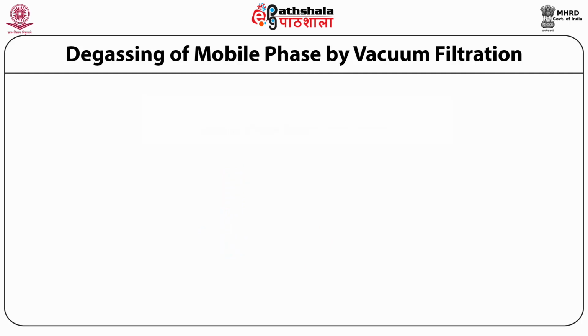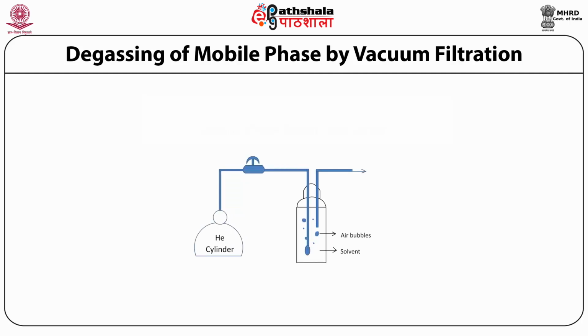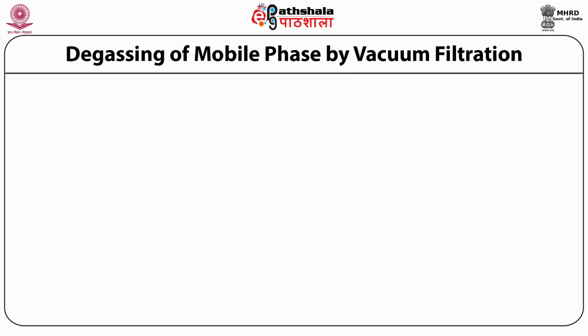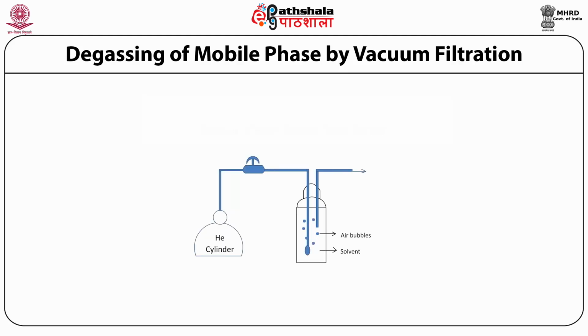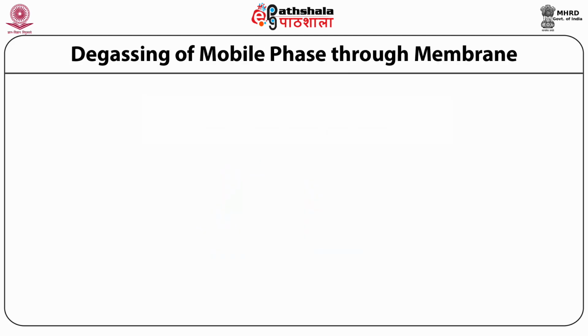The only drawback associated with this technique is that the mobile phase composition may change slightly by selective evaporation of more volatile components in the solvent. This can, however, be prevented if helium is not supplied under excessively vigorous flow.